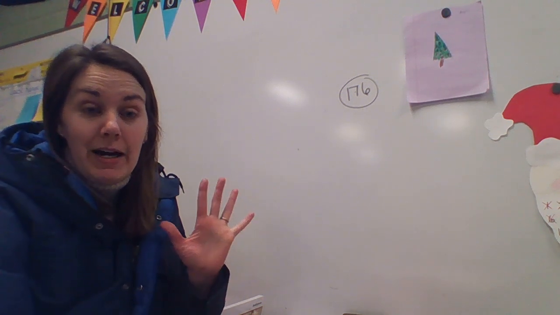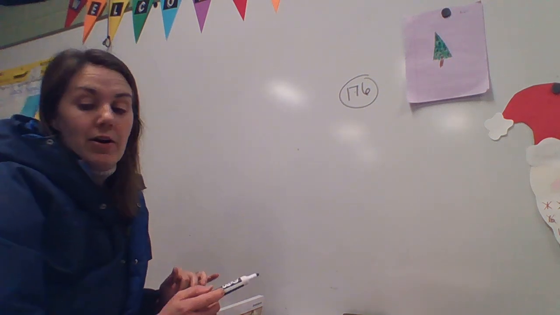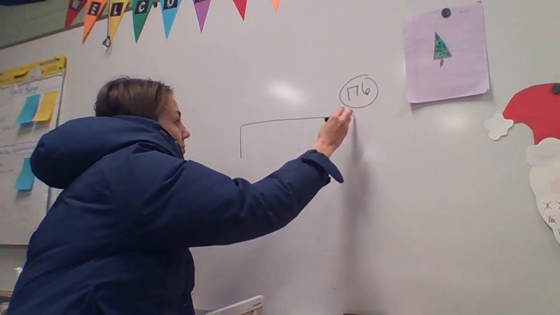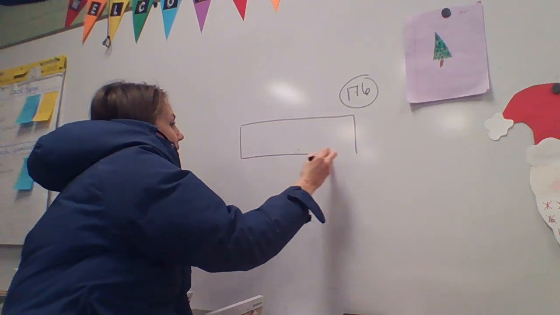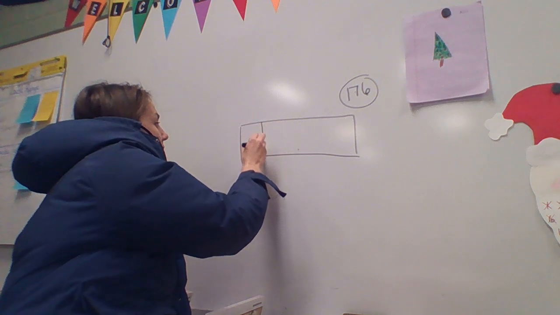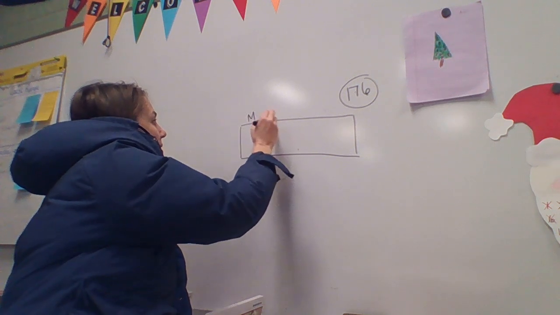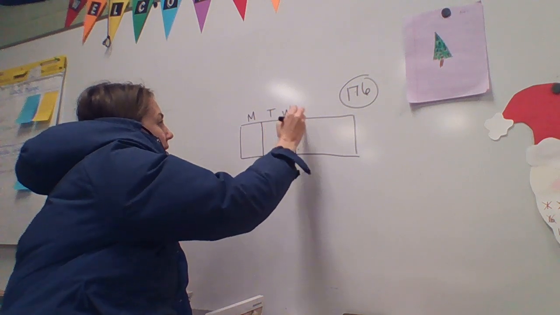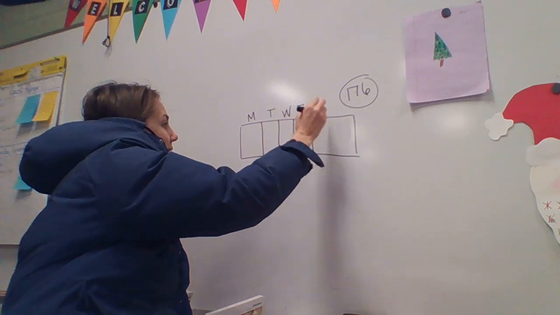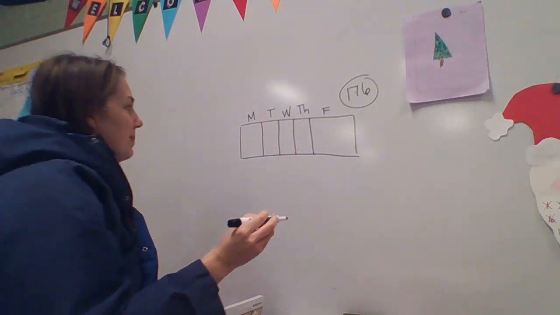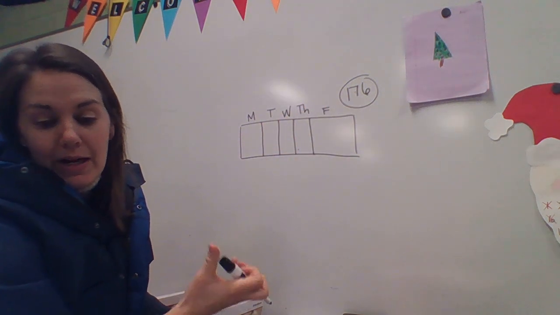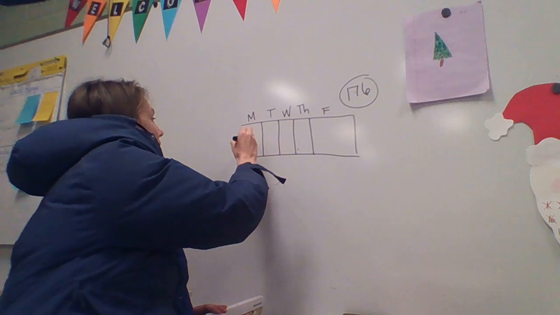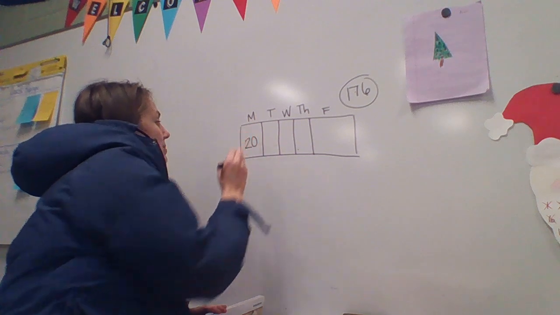So we're going to be doing 5 days, and they have in your packet a handy little table, and sometimes tables can be a great way to organize information. So here's Monday, here's Tuesday, here's Wednesday, here's Thursday, and here's Friday. And on Monday, we know that the number of laps that Orlando swam was 20 laps.